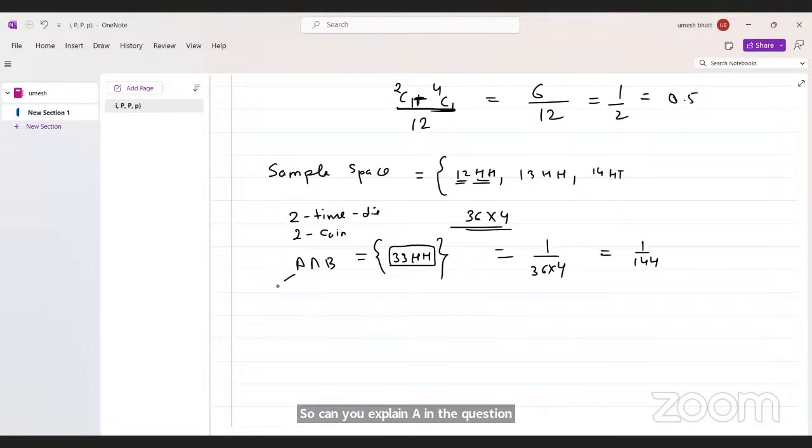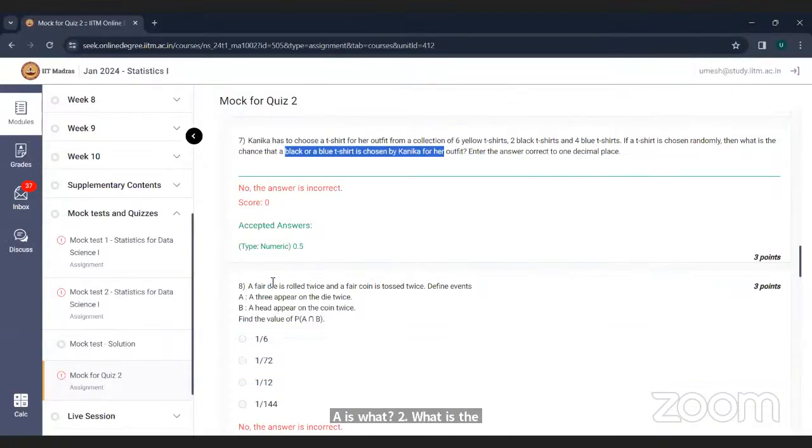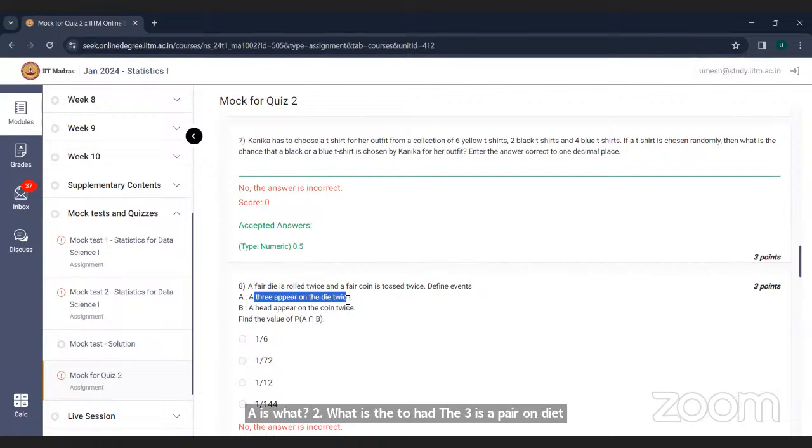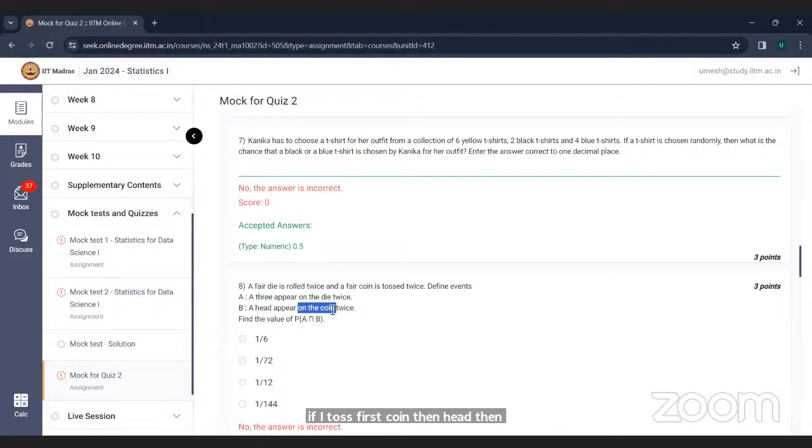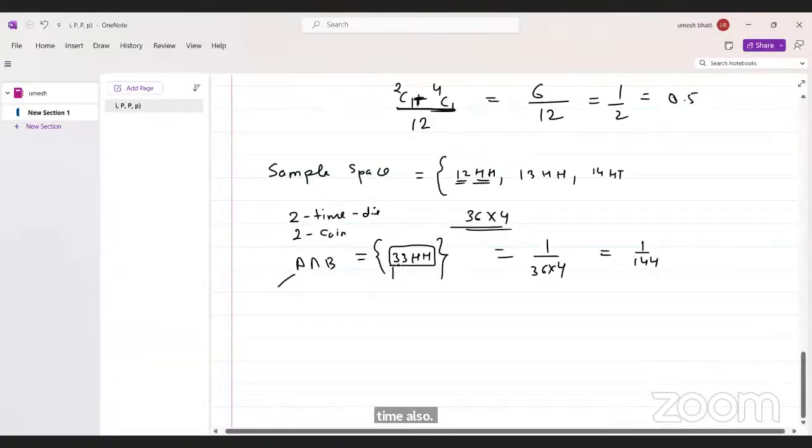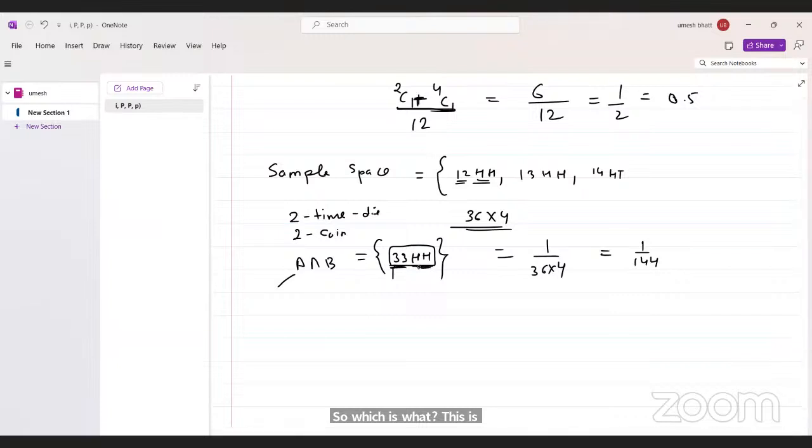A is what? 3 appears on the die twice, means 3 appears two times on the die. If I roll the die first, then 3, then the second time also 3. Then B is what? Head appears on the coin twice, means if I toss the coin first, then head, then the second time also head. So this is for the die, 3 3 appears, and head head appears.